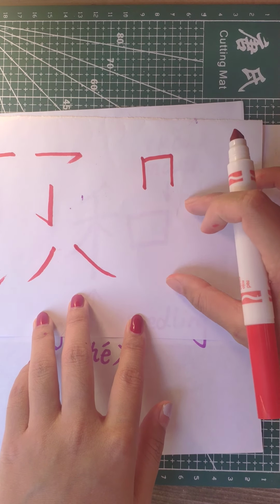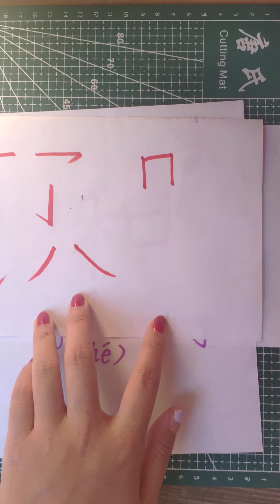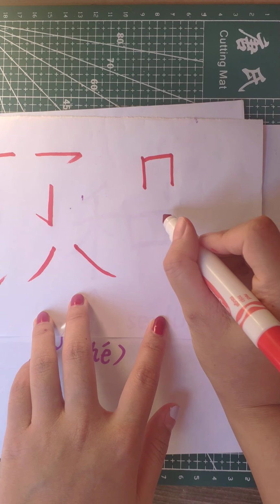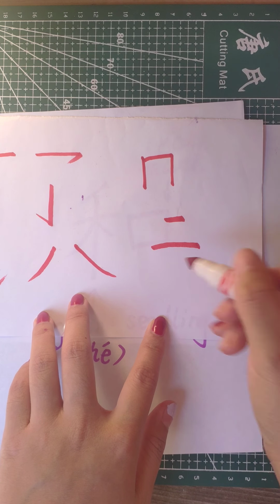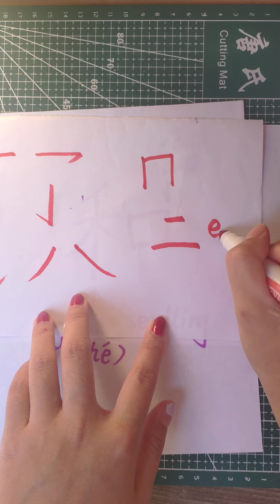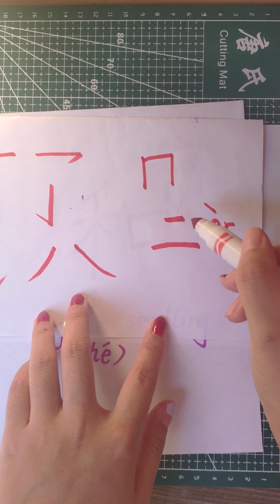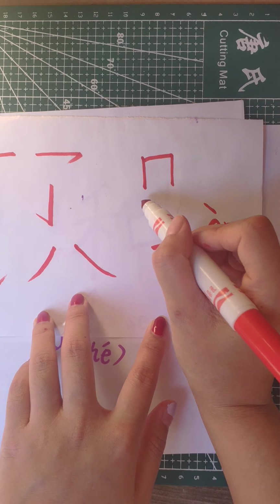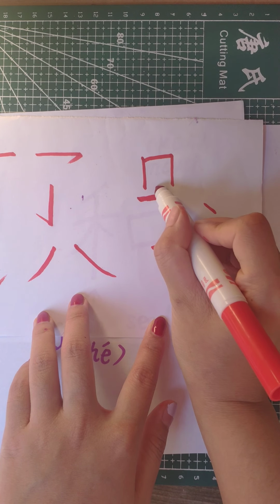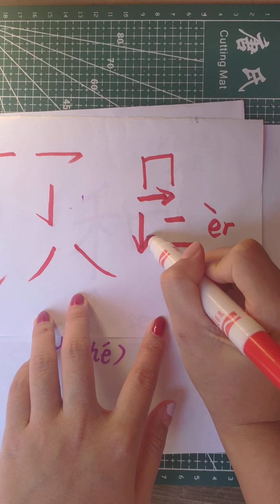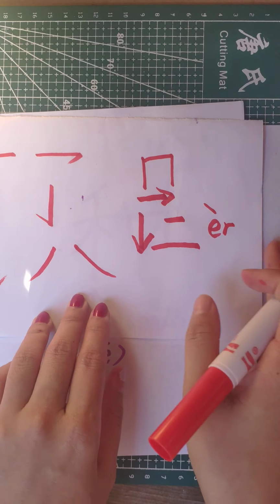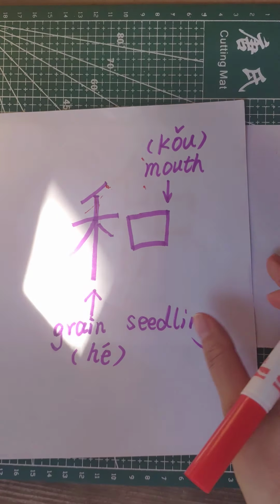And then from top to bottom, for example, the Chinese character 二, 1, 2. The Chinese character 三. We write from top to bottom, right? From left to right, from top to bottom is the very basic principle for writing a Chinese character.